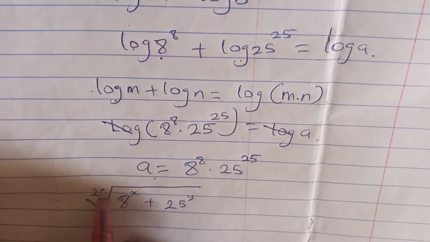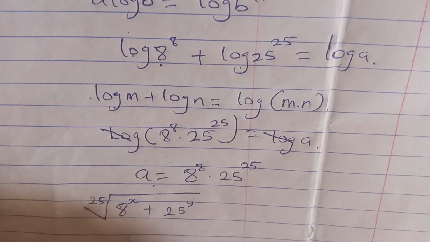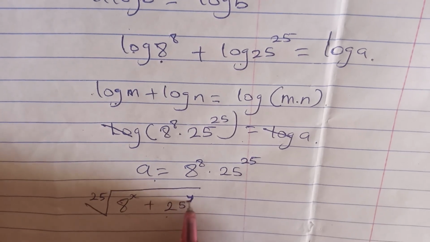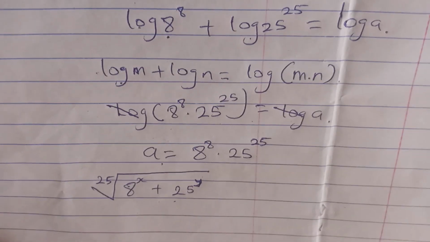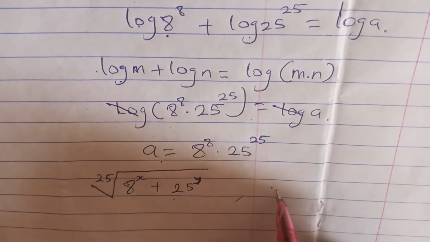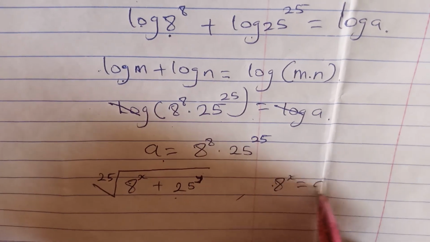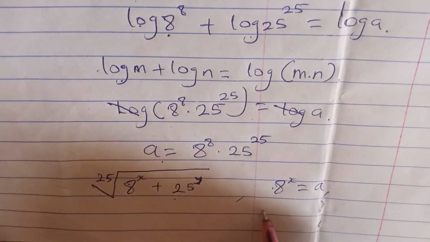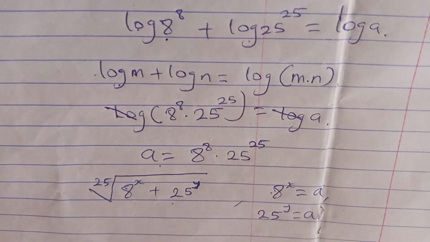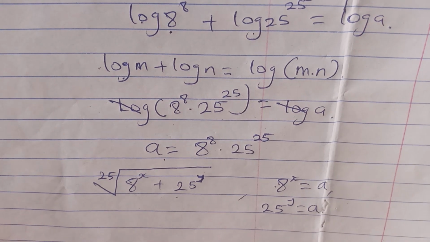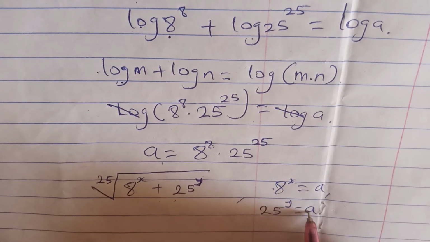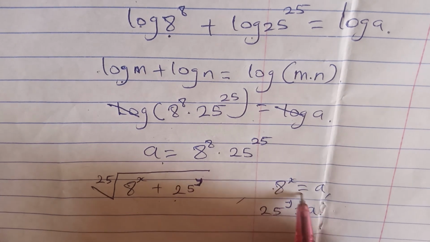Since we've done this, recall I said 8 to the power of x is equal to a, and 25 to the power of y is also equal to a. So wherever we see 25 to the power of y, we put a, and for 8 to the power of x, we also put a.